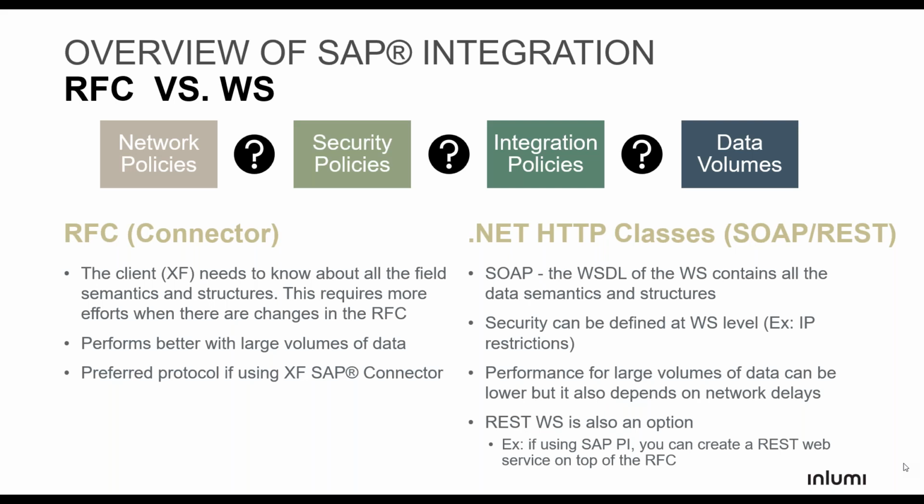It's not a good approach when you have big volumes of data. Or they may say our network policy is only to use web service. We don't let you connect through RFC. We just expose everything as a web service for security. So there are many different discussions that need to be taken into account before going for one method or the other one.